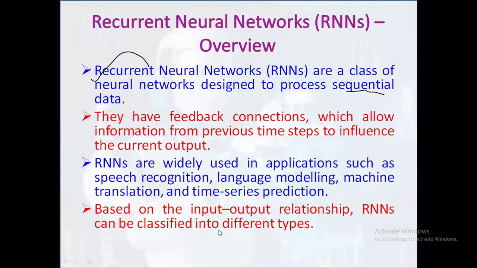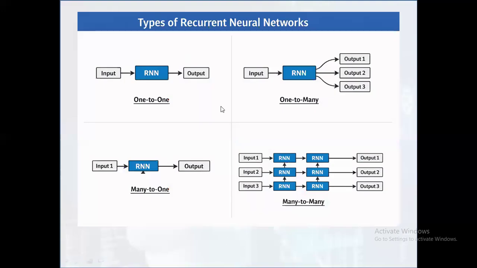Based on the input and output relationship, RNNs can be classified into various types, which we'll see one by one. They are categorized according to how inputs and outputs are mapped across the time steps. This classification helps in selecting the appropriate model for a specific sequence-based task.